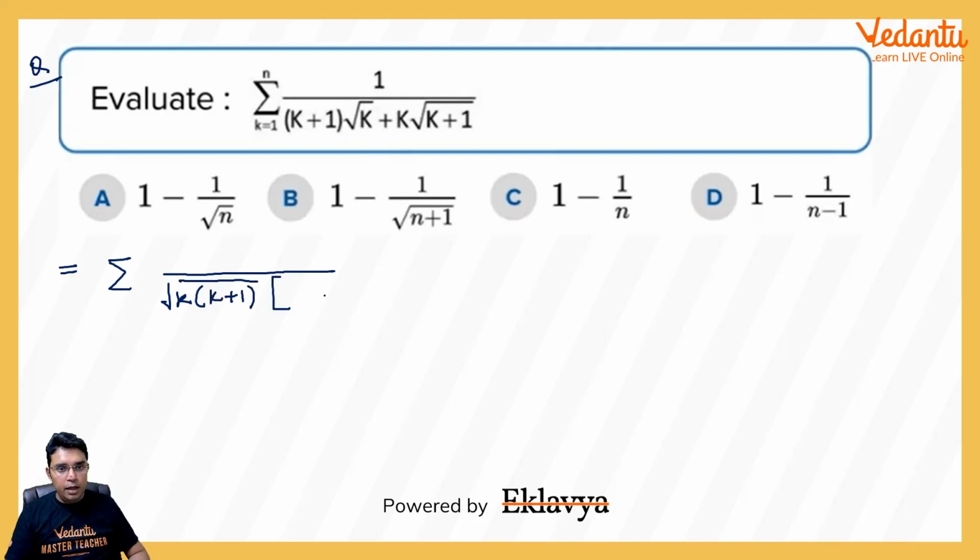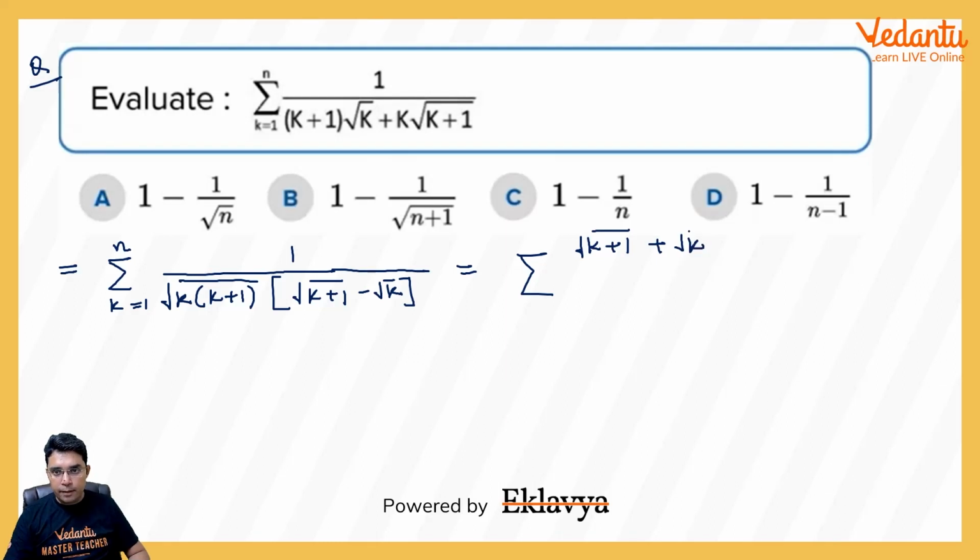After taking common, we will be having under root of k plus 1 minus under root of k, and this k is starting from 1 going till n. Here, if we rationalize it, in the numerator it will be root k plus 1 plus root k upon root k into k plus 1. And I think here we will get just 1 after rationalization.